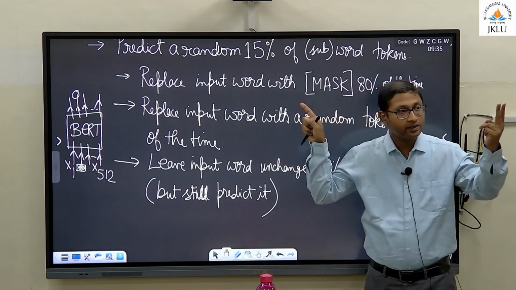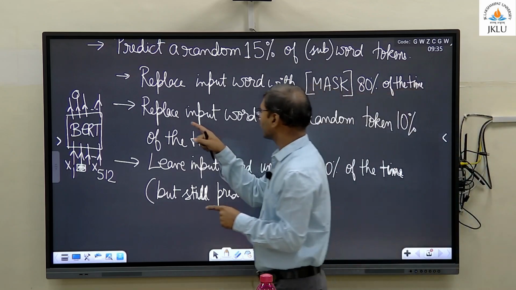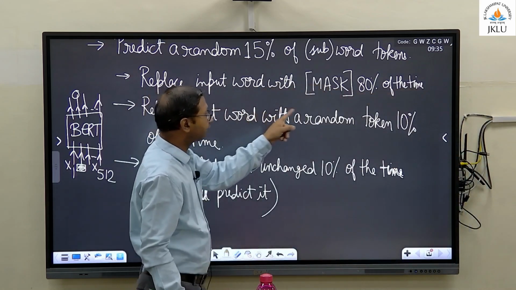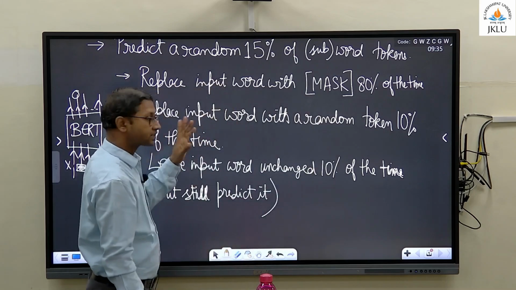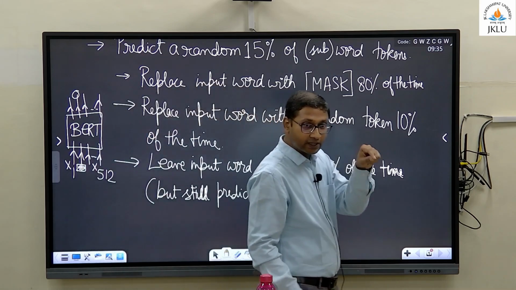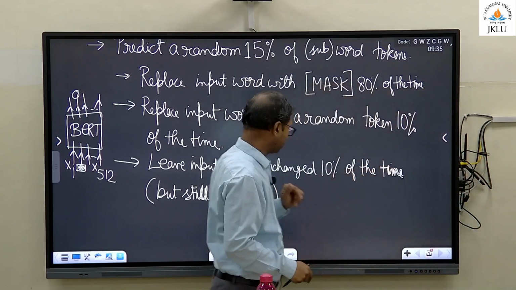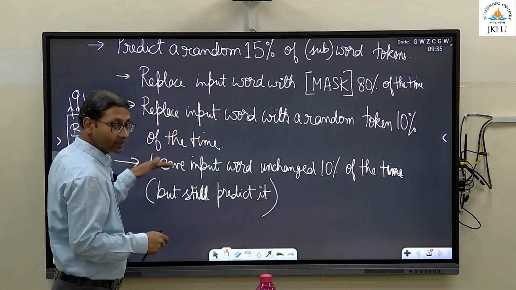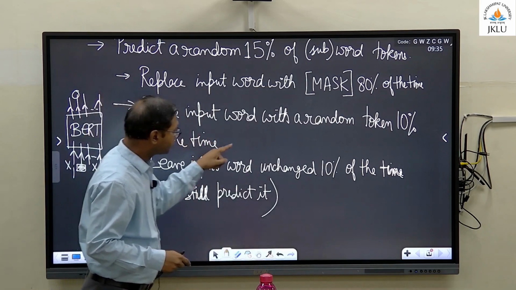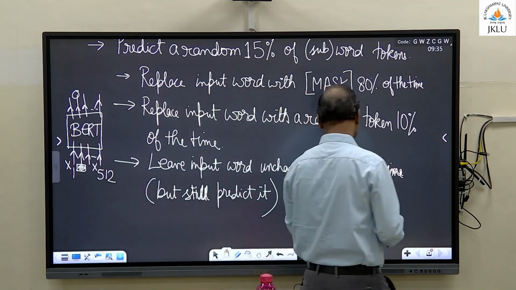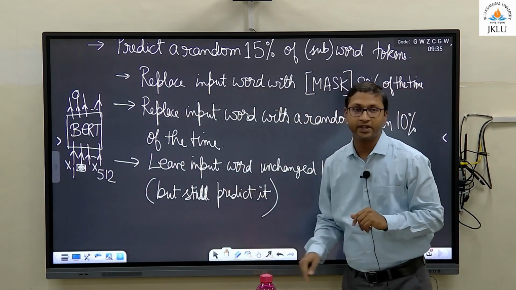For the remaining 15 million, you replace the input word with a random token, 10% of the time. And for the remaining 15 million, the remaining 10%, leave the input word unchanged, but still predict the word.